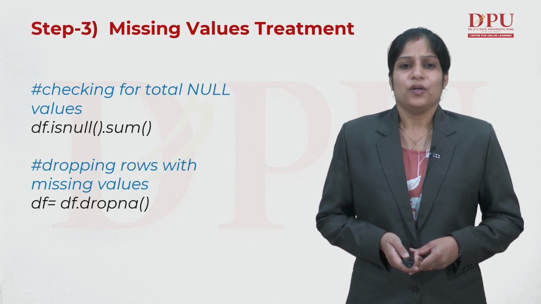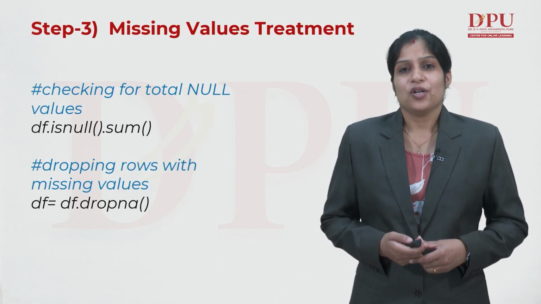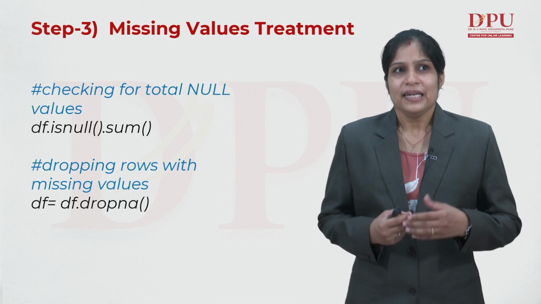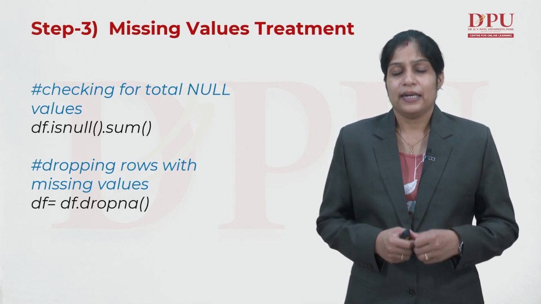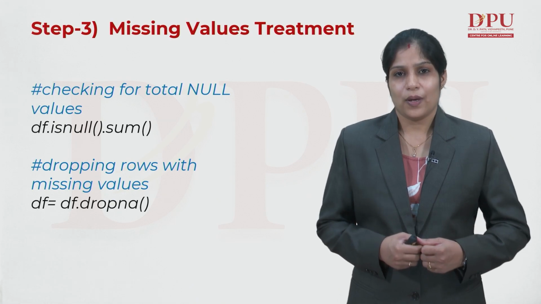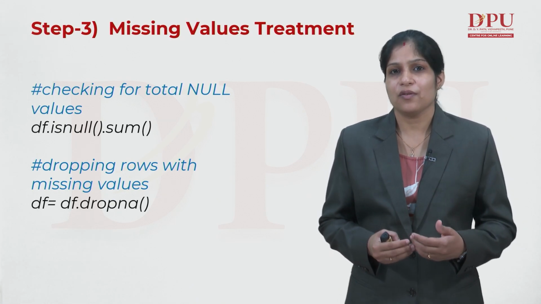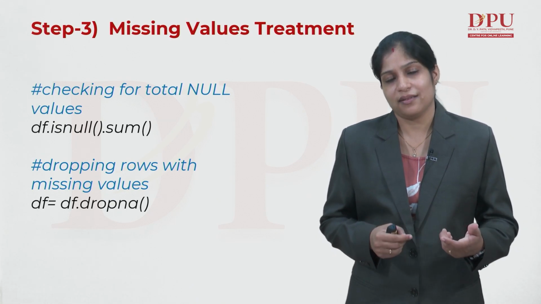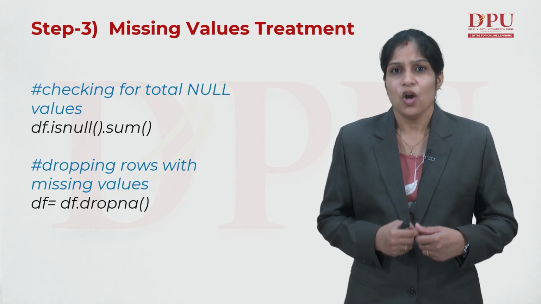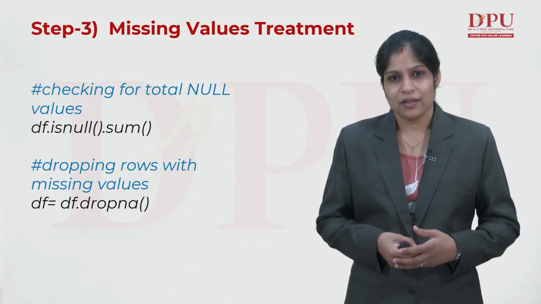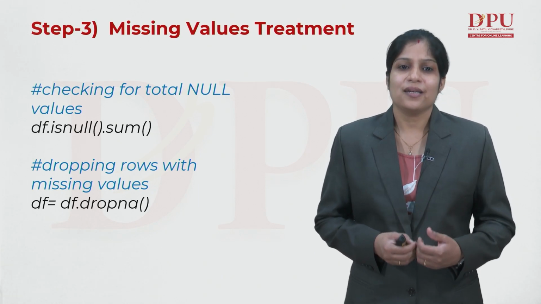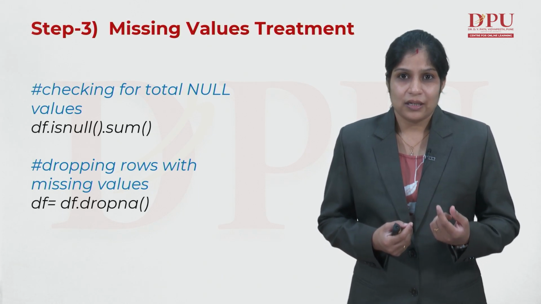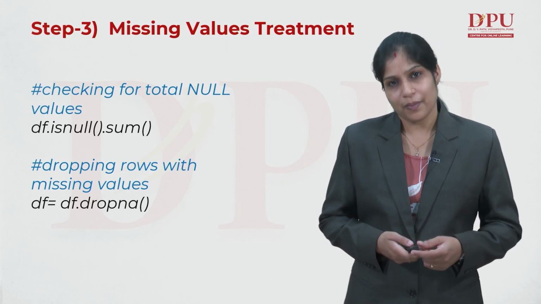Fine. Now, the next step is the treatment of missing values. Generally, in real-world scenarios, our data set contains missing values, either assigned as null or left as blank space. To identify those missing values, Python has the isnull method.